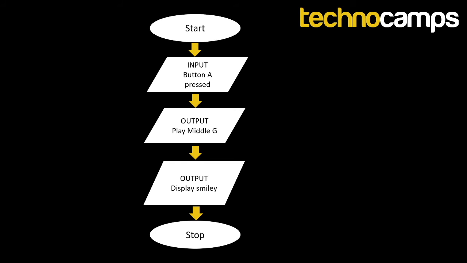So we have start, input button A pressed, output play middle G, output display smiley, and then stop. So did you manage to execute this program in MakeCode for Microbit?